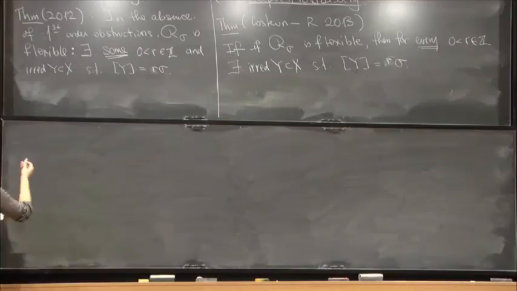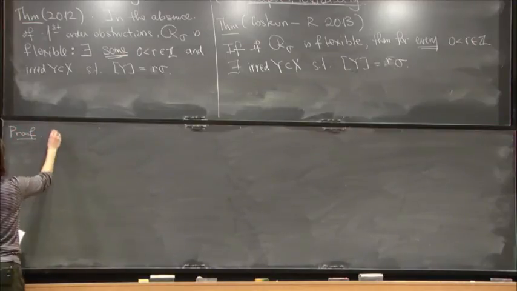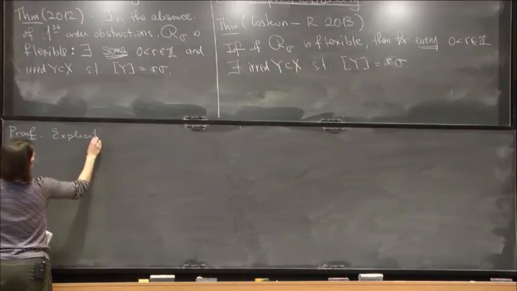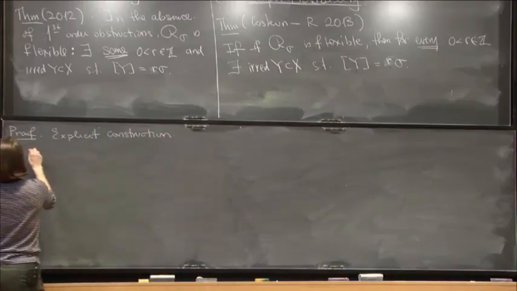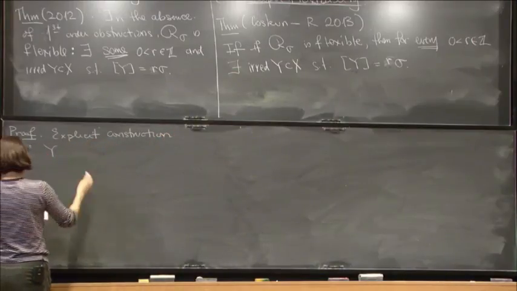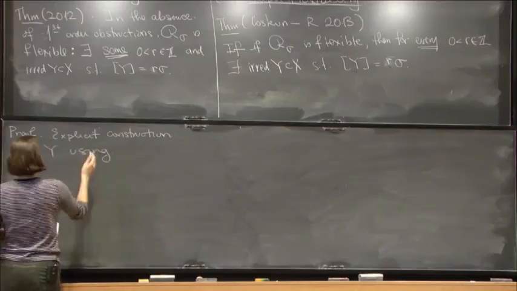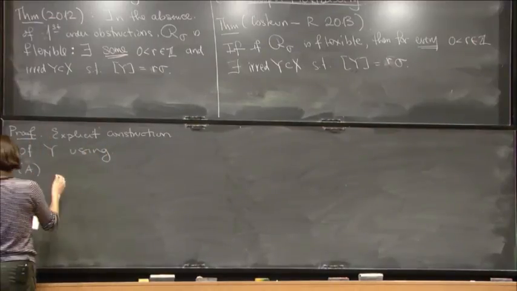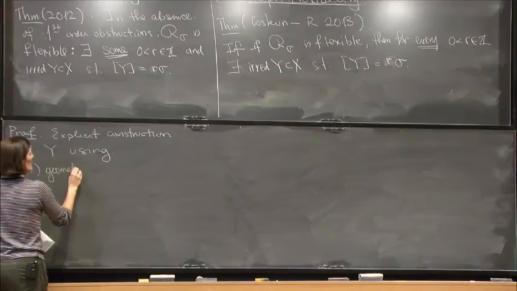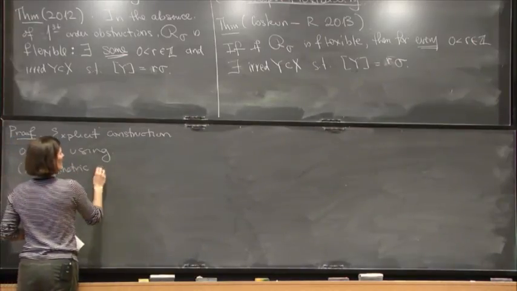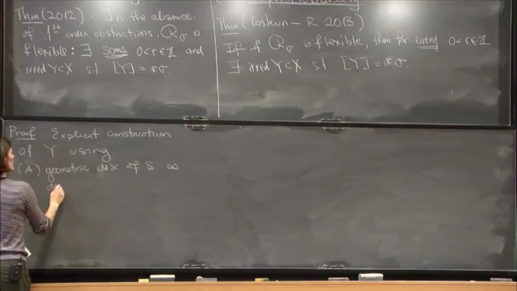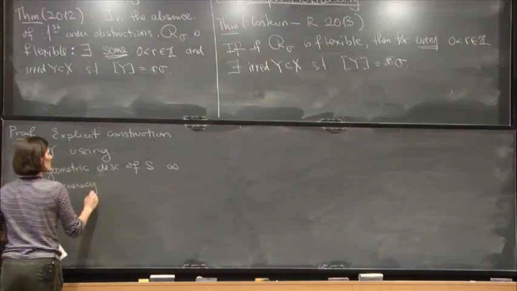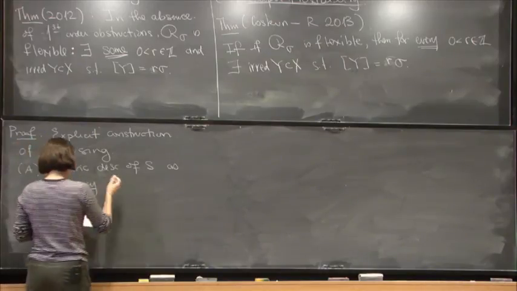All right, so superflexibility, and the proof is essentially based on 3 constructions, so explicit construction of the representative y using one of 3 types of arguments. So first, a geometric description of S as a degeneracy loci. Okay, you've already seen that in the case of the Grassmannian.